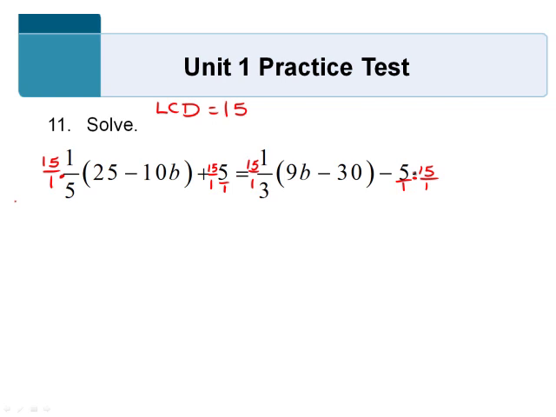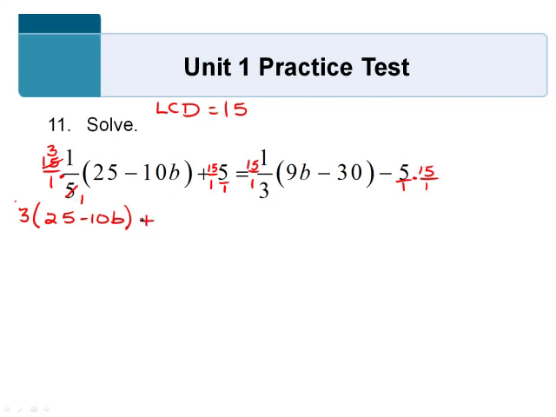What's going to happen is before you even get to the parentheses on the left and on the right, actually, you're going to cancel the fraction. So the 5 goes into 5 once and 5 goes into 15 3 times. So what you have is 3 times 1 on top would be 3 times, still in parentheses, 25 minus 10b. Okay, so I know it looks kind of weird, but it's much easier to distribute 3 than it is 1/5.